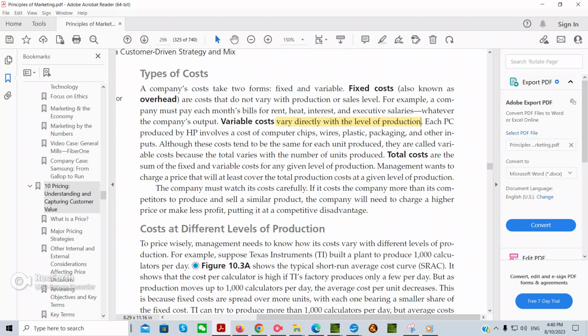Variable cost depends on how much they decide from month to month to produce. That can change. I know this sounds pretty basic, but this is a matter of definition.